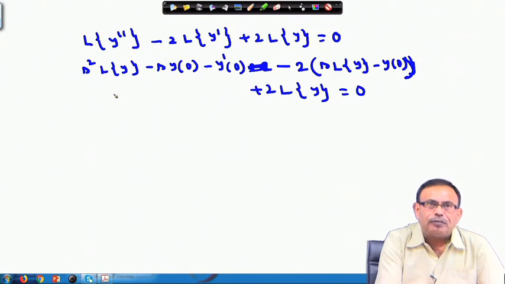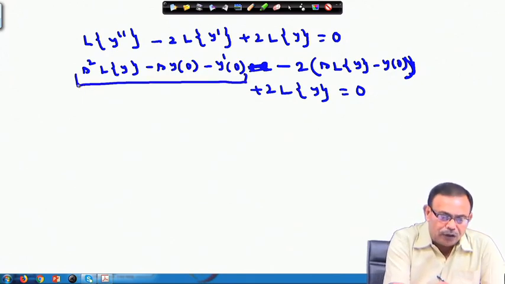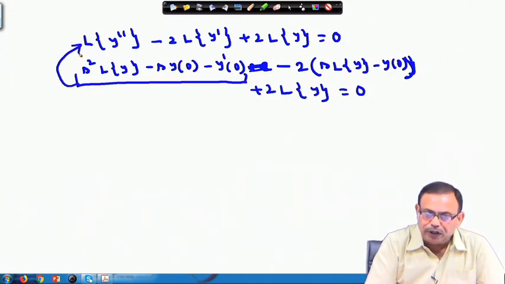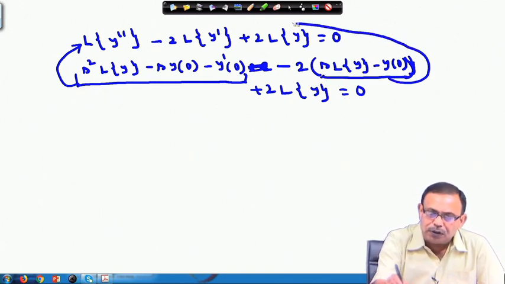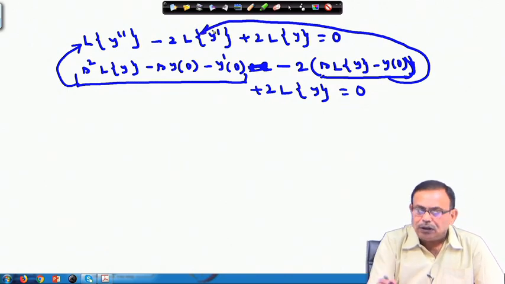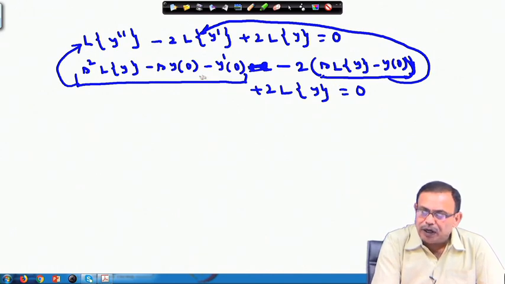So, what am I getting? s square Laplace transform of y minus s y 0 minus y dash 0; this term is for Laplace transform of y double dash. The next term is for Laplace transform of y dash, and this is twice Laplace transform of y. Now, I know the values of y 0 and y dash 0.